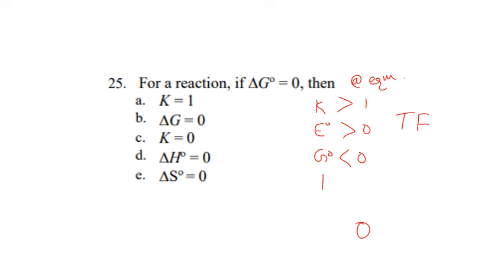So if K equals 1, E0 value equals 0, and G0 value equals 0, we say that these are at equilibrium. So which one is matching from the given answer choices? It is A that is matching with that one. Okay, so A is the right answer.